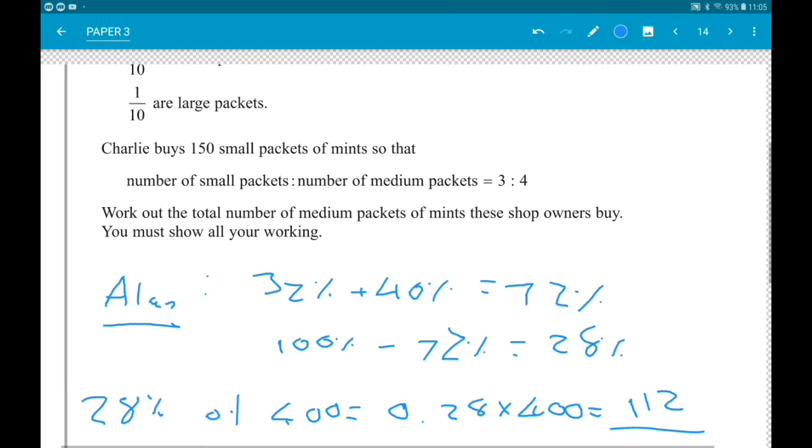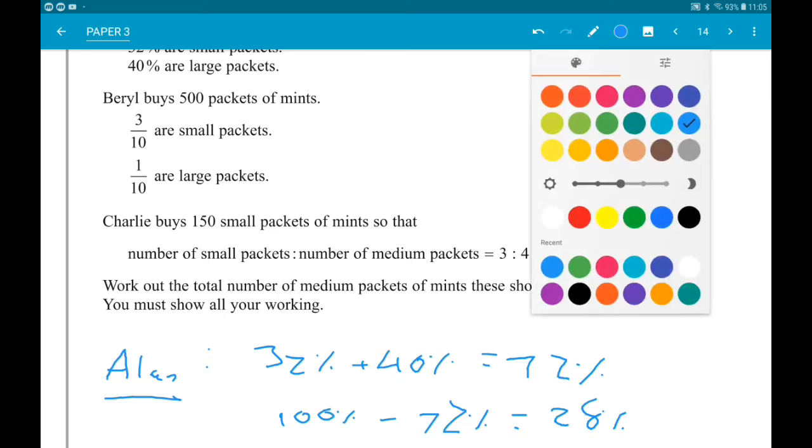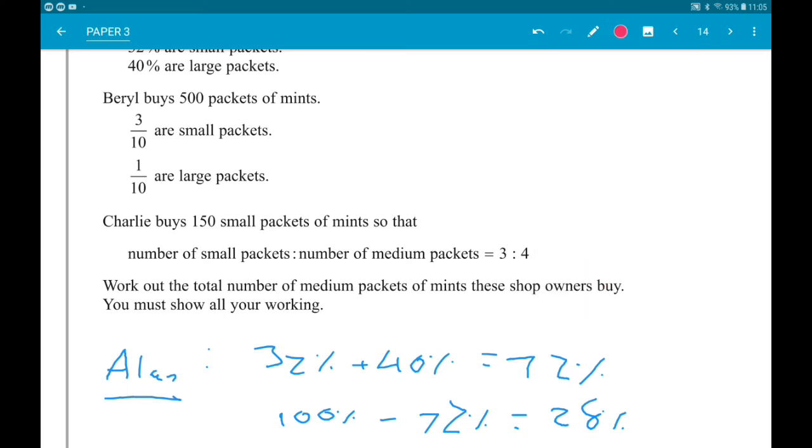Okay, so on to the next person. So Beryl buys 500 packets of mints. 3/10 are small, and 1/10 are large. So that means for Beryl, 6/10 are medium.